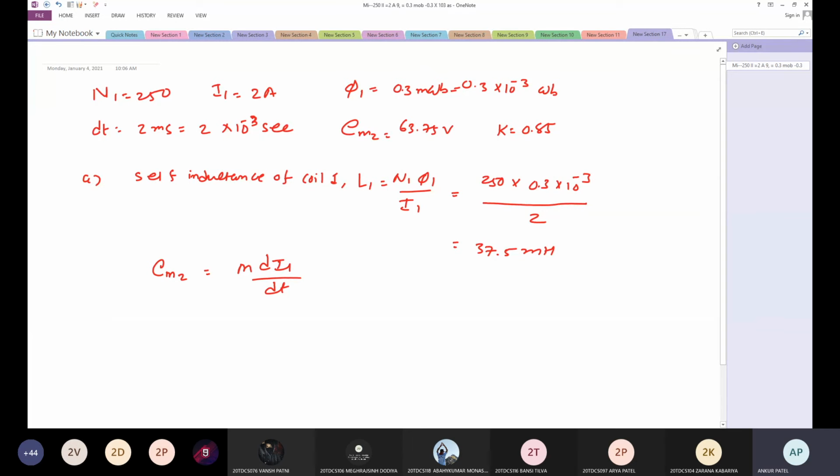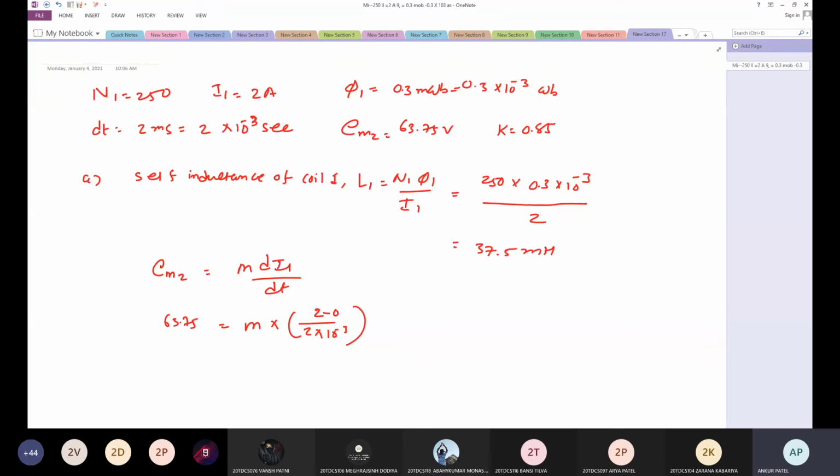Okay, so this EM2 is given 63.75 is equal to M in bracket, this is di1 by dt, so I can write this 2 minus 0 upon 2 into 10 raised to minus 3. So what you are getting?